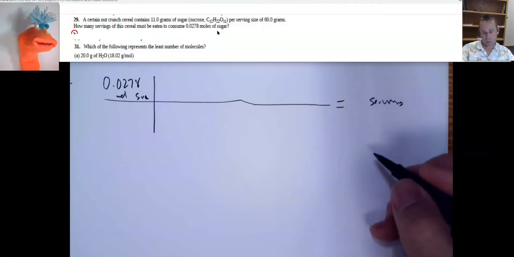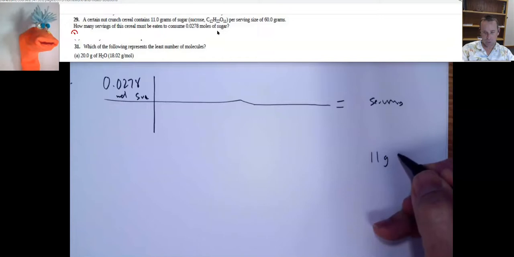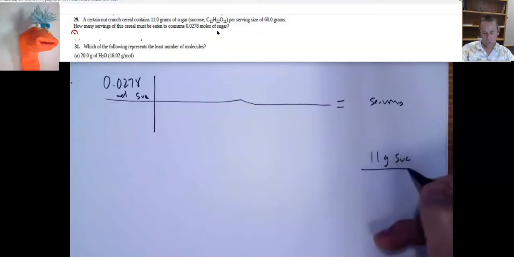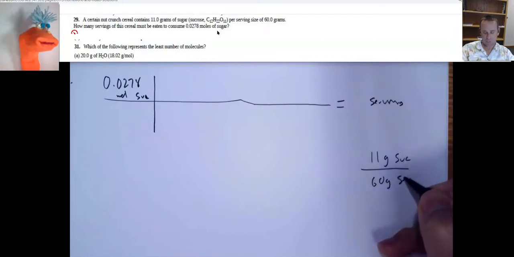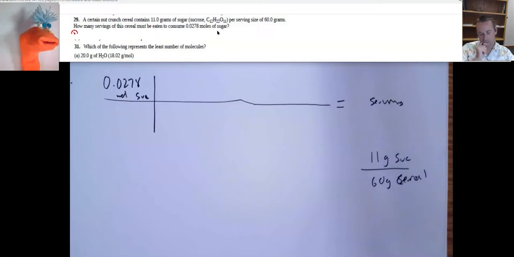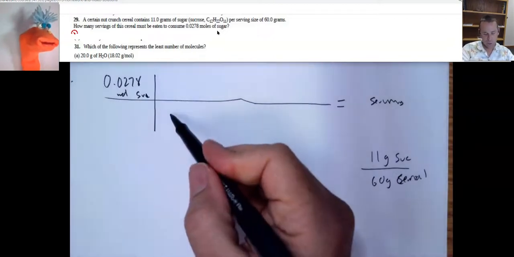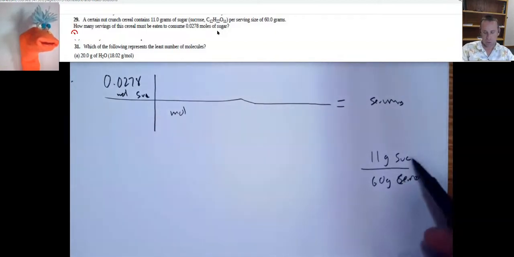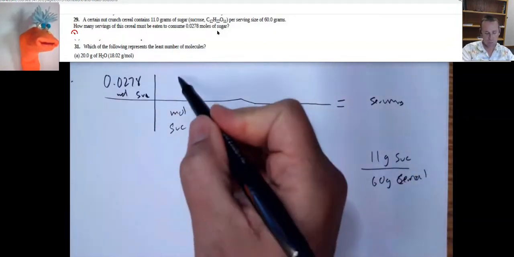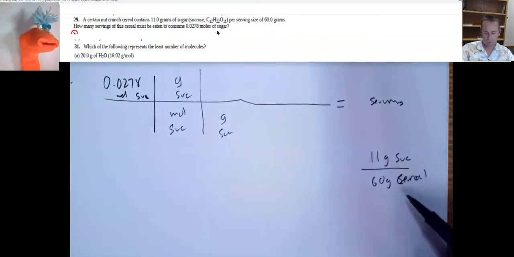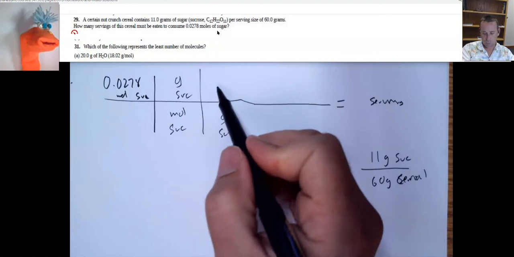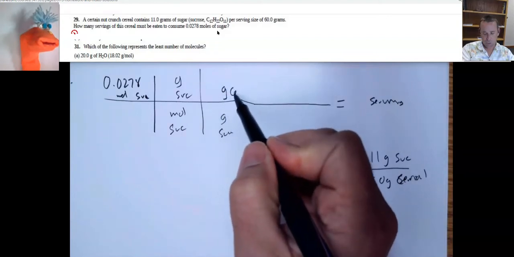So there's a conversion factor provided for us. 11 grams of the sucrose for every 60 grams of cereal. Okay, and I have moles of sucrose. I need to go from moles of sucrose to grams of sucrose. And then I can go from grams of sucrose to grams of cereal.